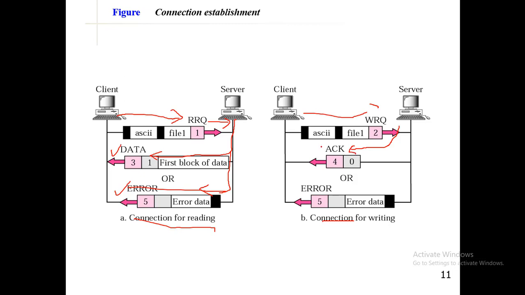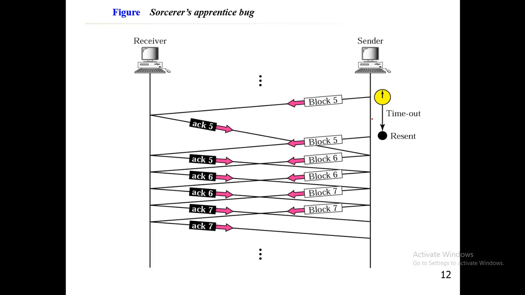I will tell you later on. But if the server does not want you to store your data onto that server, it will send you an error message saying that I don't have any space, or your authentication is required, or any of the excuses that the server makes.